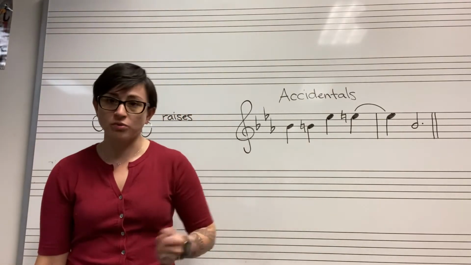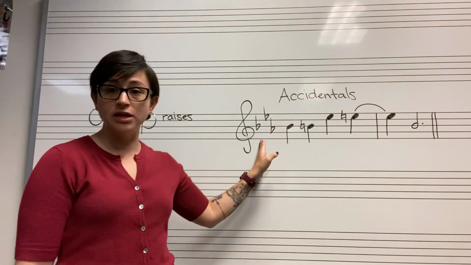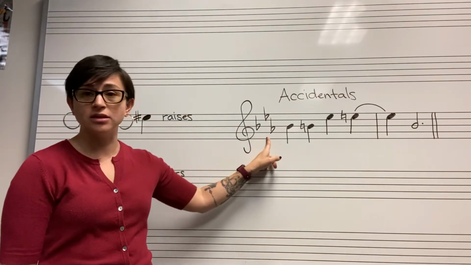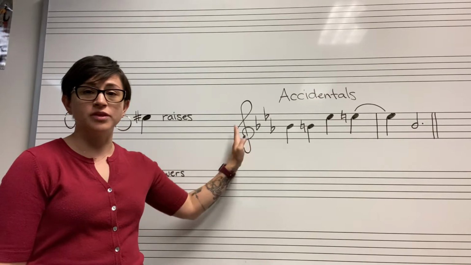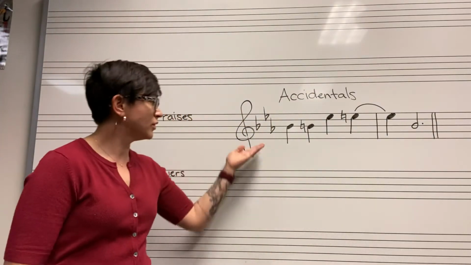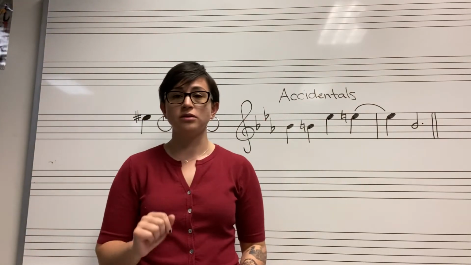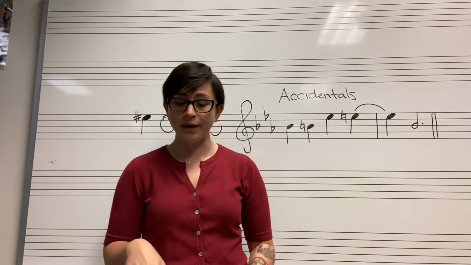The other way to write sharps and flats in music is by using the key signature. But this is not accidentals, okay? These would be what accidentals look like. This is the key signature. These are just the two ways that you can write sharps and flats in music, okay?